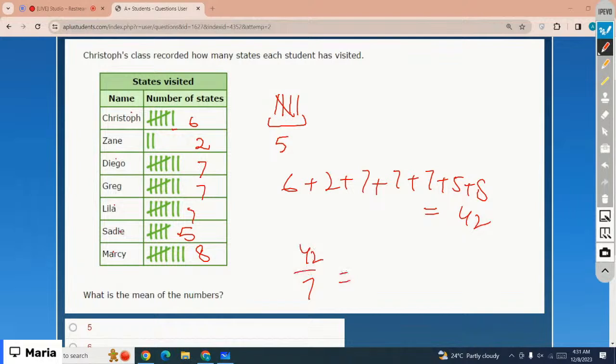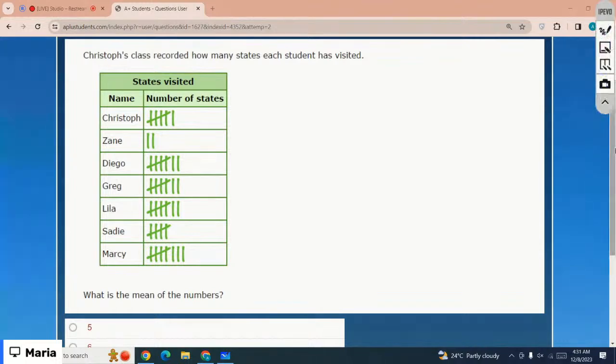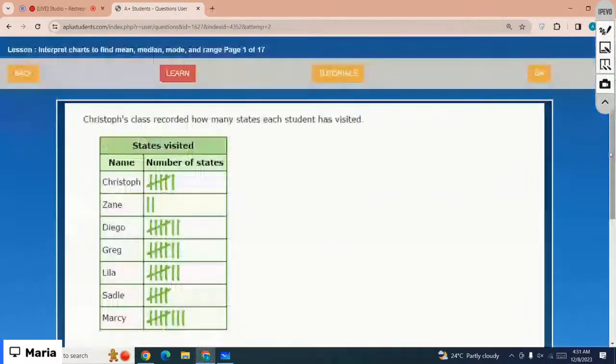The correct option is 6. You need to add all the values and divide by the number of values. So the sum is 42, divide by 7. The correct option is 6.